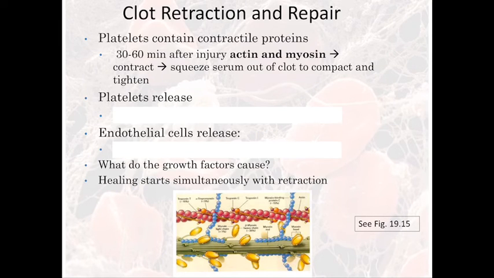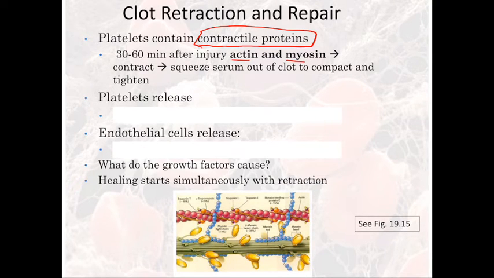Okay, so after the clot is formed, that's going to stop bleeding. That's going to stop all loss of blood. Now the next step will be to start trying to repair that tissue. Something really interesting is that platelets contain contractile proteins. We've seen these before. They contain actin and myosin, just like in muscle.